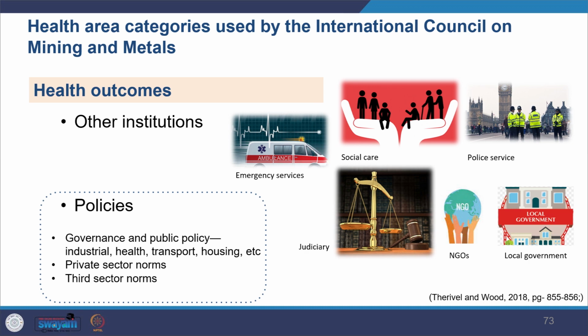So institutions involving social care, what kind of care, what's the policy services, emergency services, how are they in any given context, and then the policies about governance, public policy, industrial health, what kind of policies there are, how they control the environment. So that's about when you do scoping, you also identify according to the different categories. So we saw how you have different categories based on the health outcomes and then also health determinants.